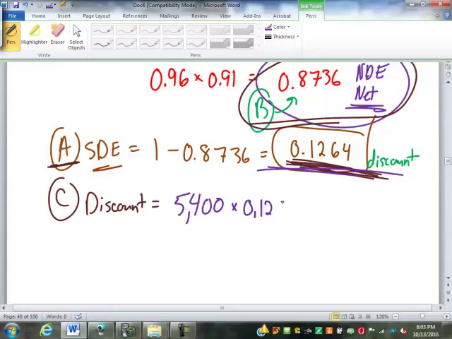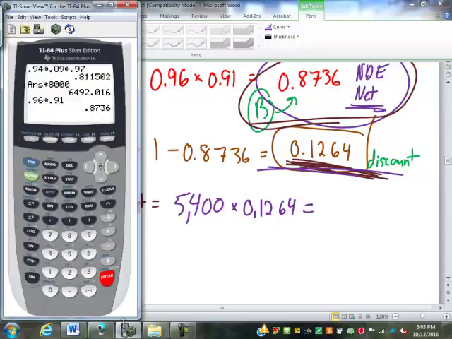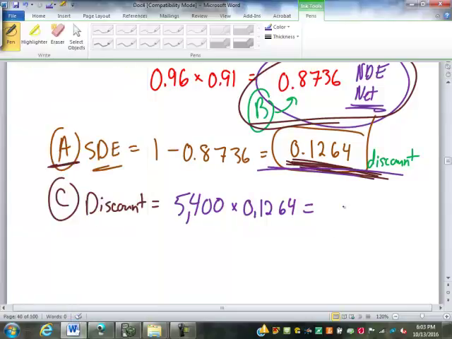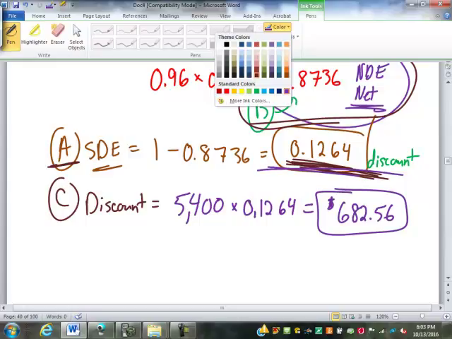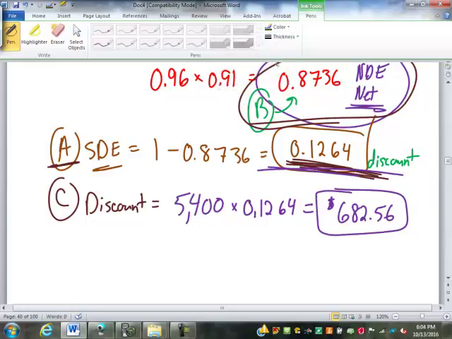So it's 0.1264, which gives us $682.56. Does that work? Sure. So again, the list price times that single discount equivalent.